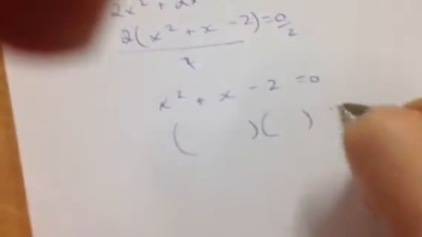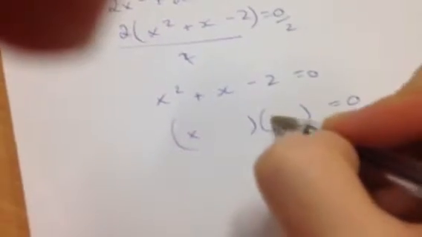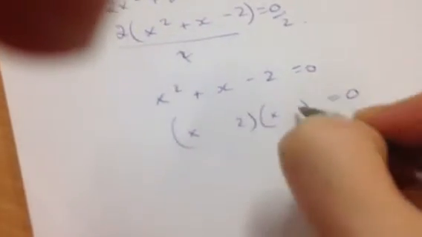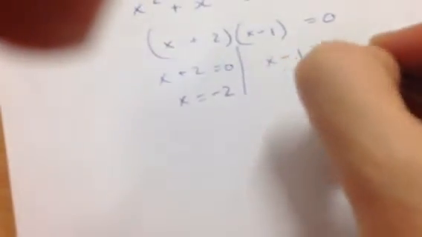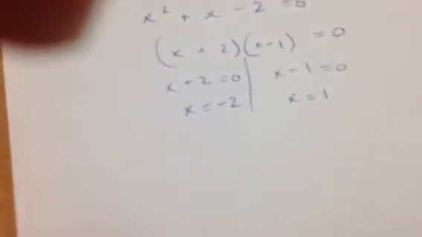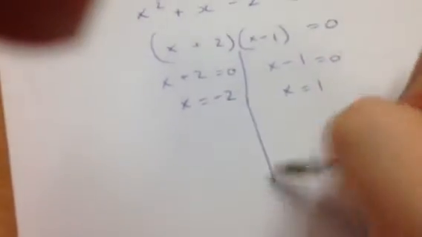Again, whatever way you want to factorise, you'll end up with your two factors, and you let each factor equal 0. So x plus 2 is 0, x is equal to minus 2, x minus 1 is 0, x is equal to 1. I am not done because I need to solve for y as well.